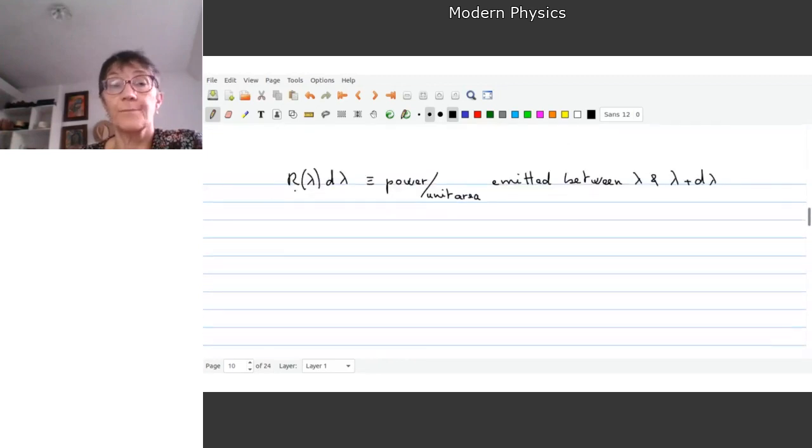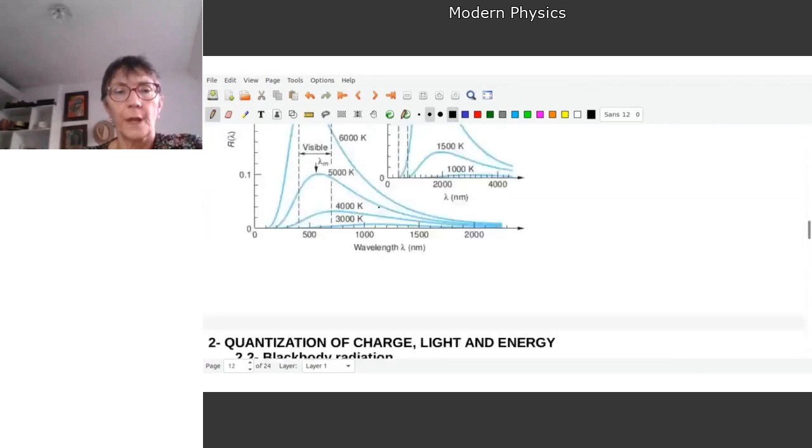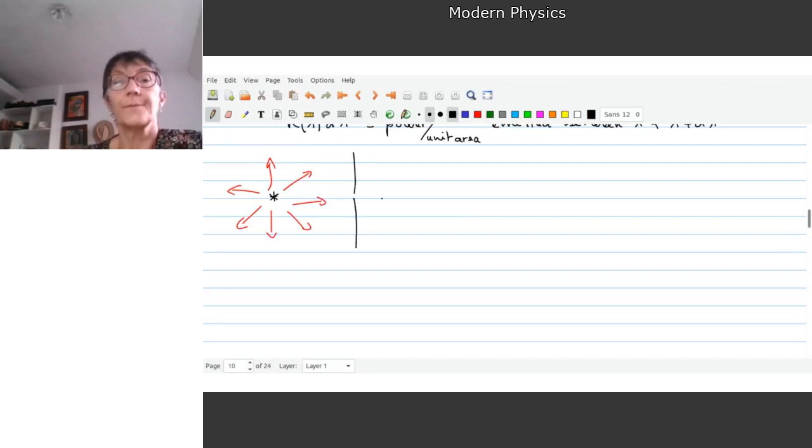So this is something we are going to see later, when we will see the absorption spectrum or emission spectrum, for example, when we will study the atomic structure. So you have something emitting light, and you will select a direction, and you will put some dispersive element.